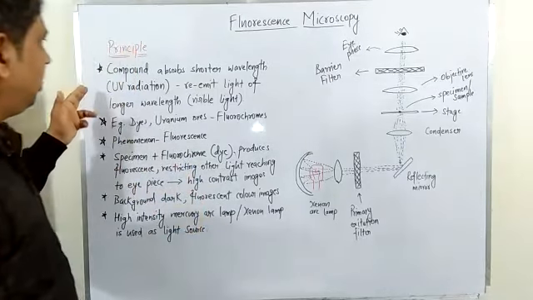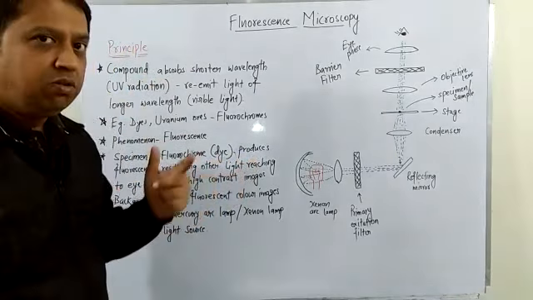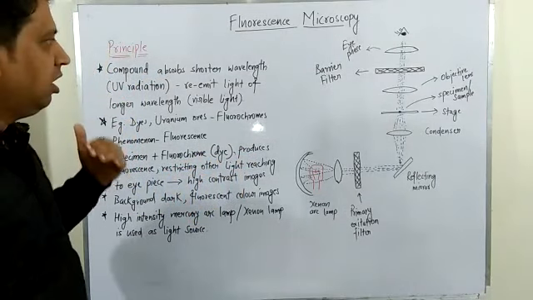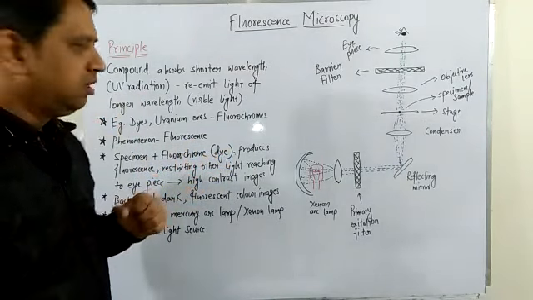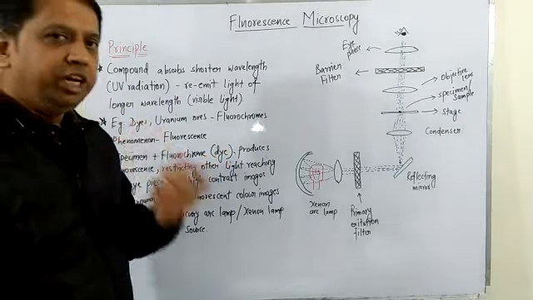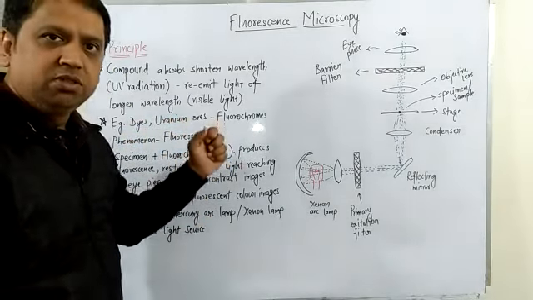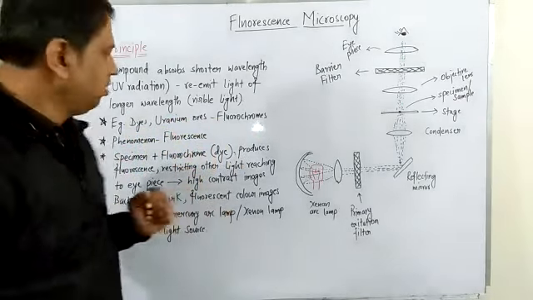So the compounds which absorb short wavelength UV radiation will re-emit light of longer wavelength, that is visible light. For example, there are some dyes and uranium ores, and these are known as fluorochromes, and the phenomenon is known as fluorescence.